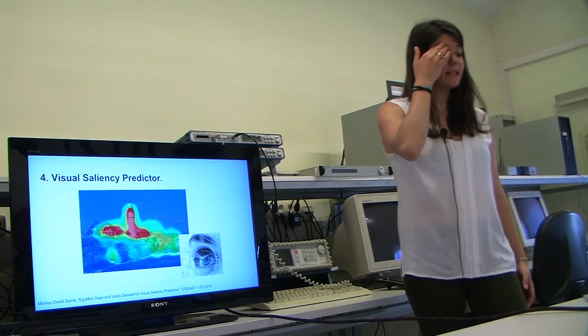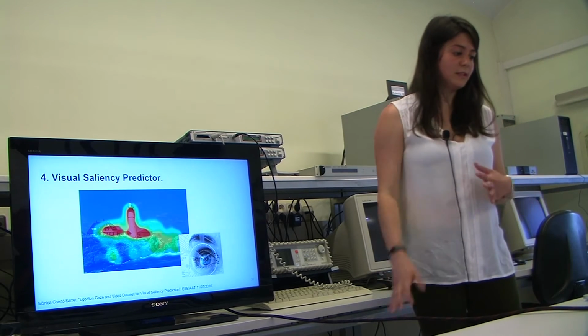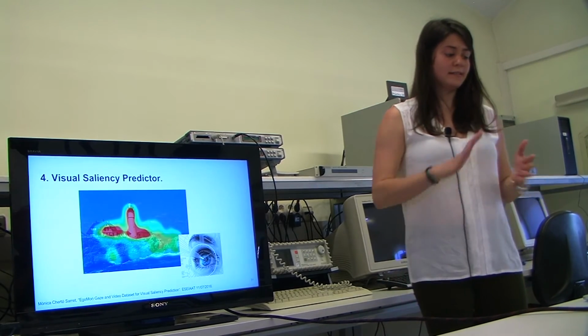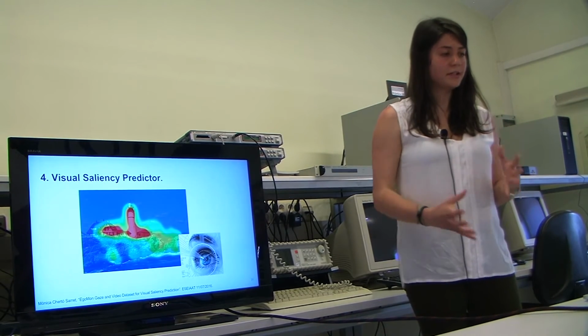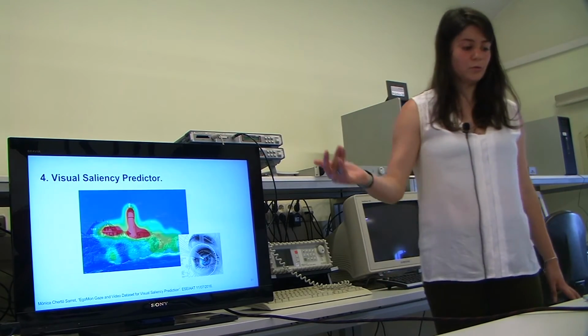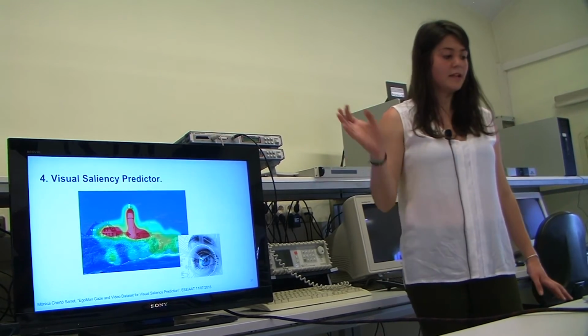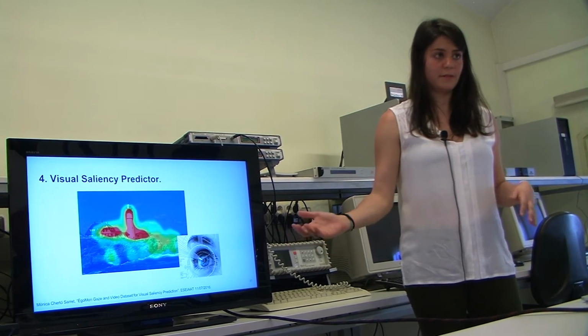Okay, the state-of-the-art saliency predictor that we worked with in this project, and tried to evaluate its validity, is SalNet. We are going to explain it later, but first of all, it's necessary to explain what a visual saliency predictor is.